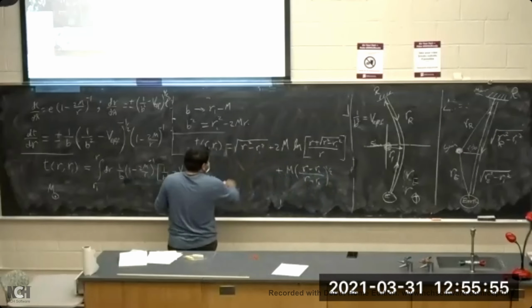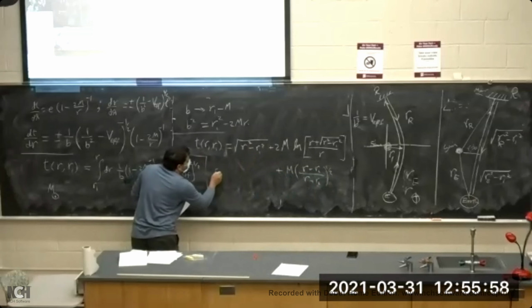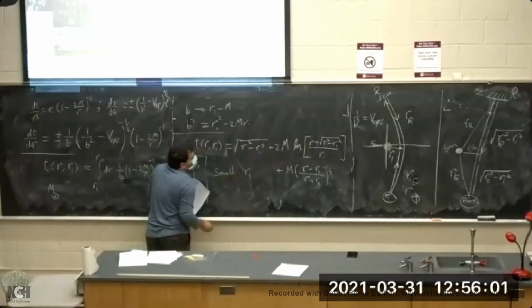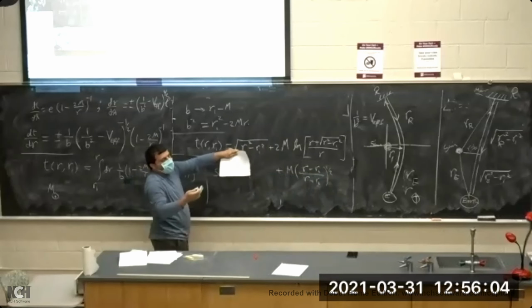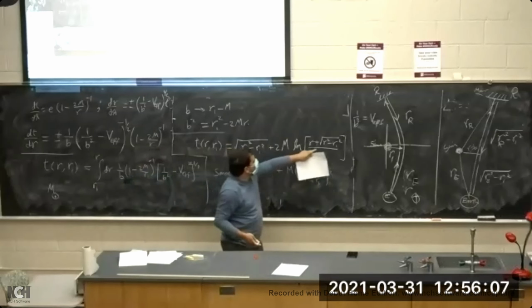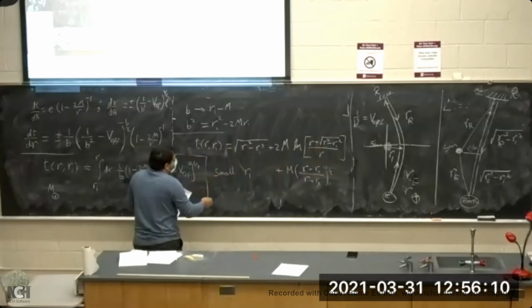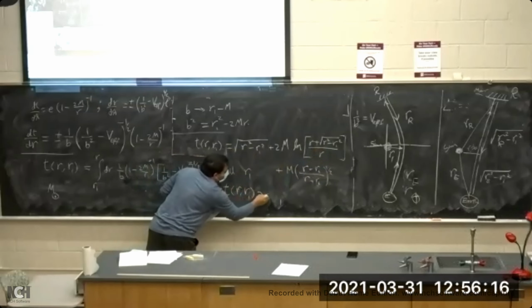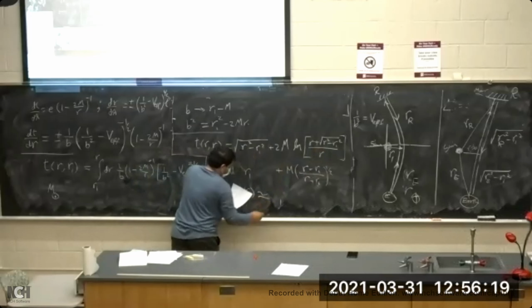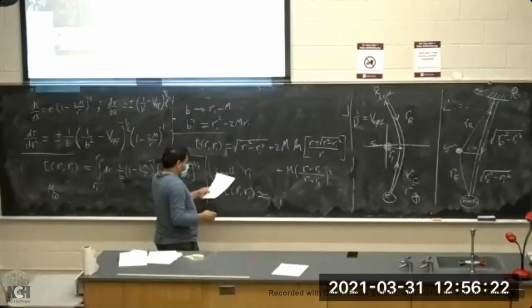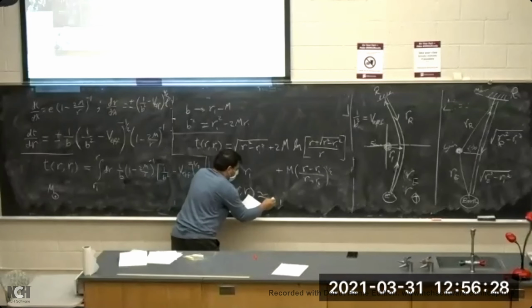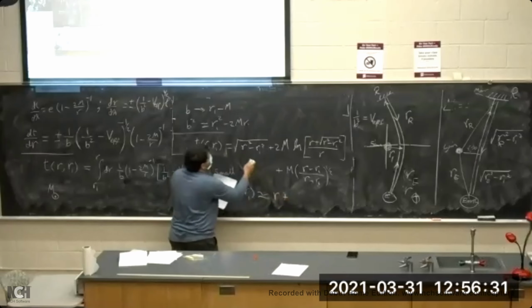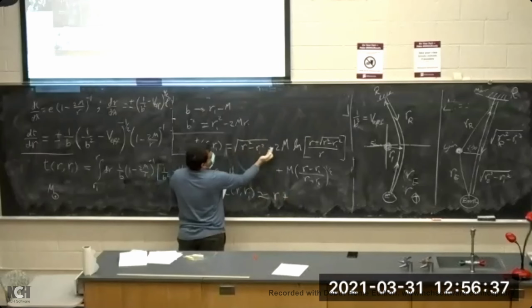Now for small R1, we can take the big R as a factor from here and from here, and then we can find that T of R and R1 will be equal to R plus, because when we take R outside, we have R1 over R, which is small, this term we can cancel.